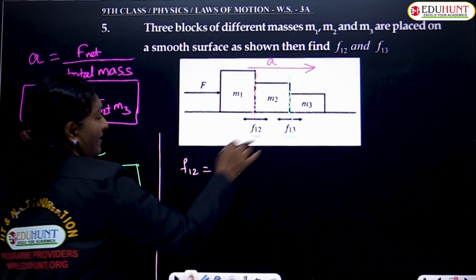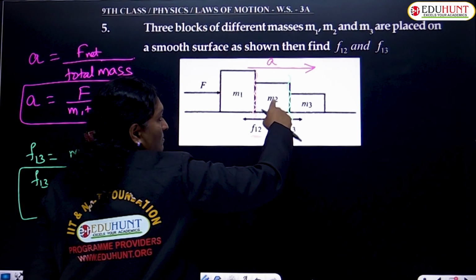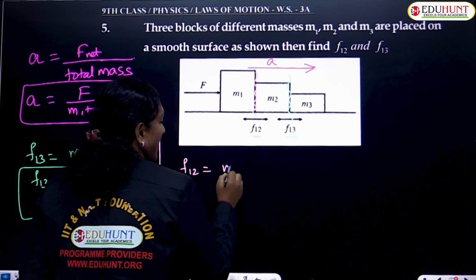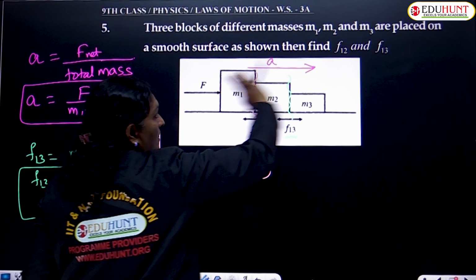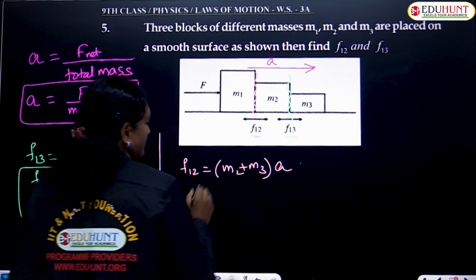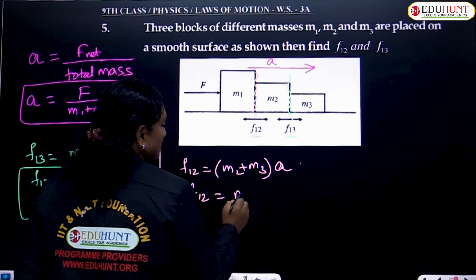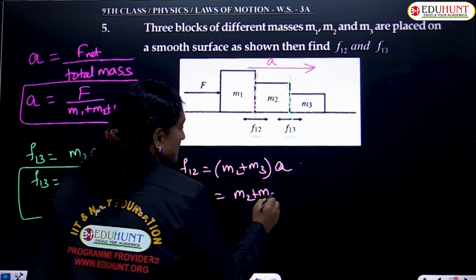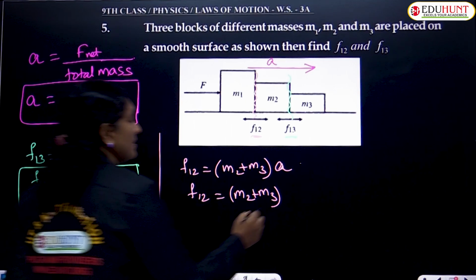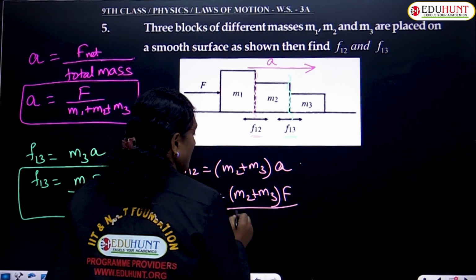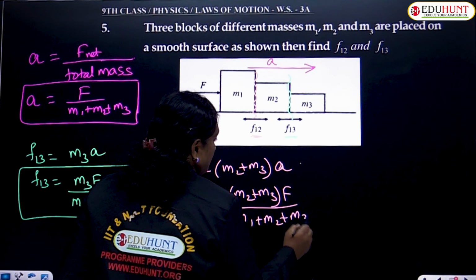So F12 equals the total mass being pushed, both blocks, that is M2 plus M3, times the acceleration of the system, which is F upon M1 plus M2 plus M3.